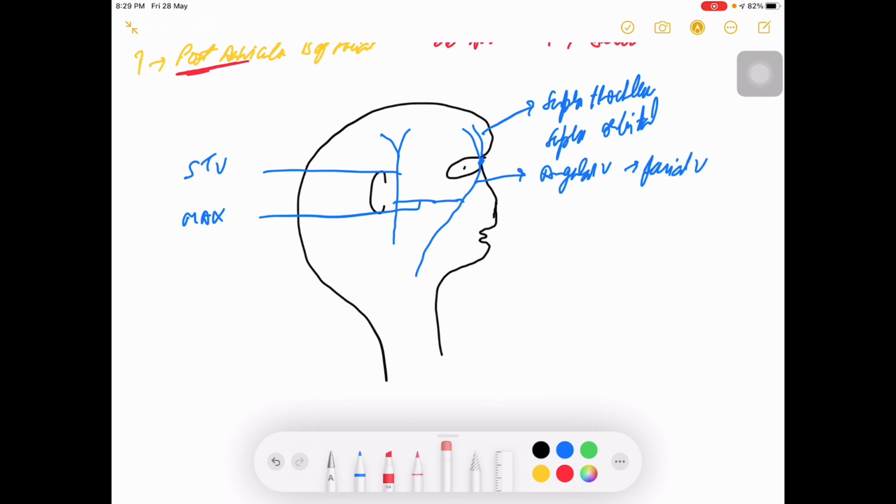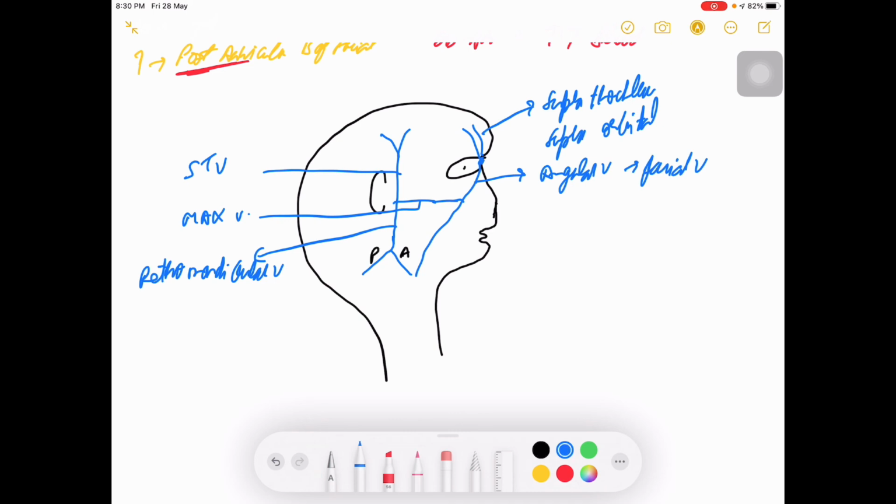When superficial temporal vein and maxillary vein have met with each other, the vein that is formed is known as your retromandibular vein. Retromandibular vein divides into two, anterior and posterior.